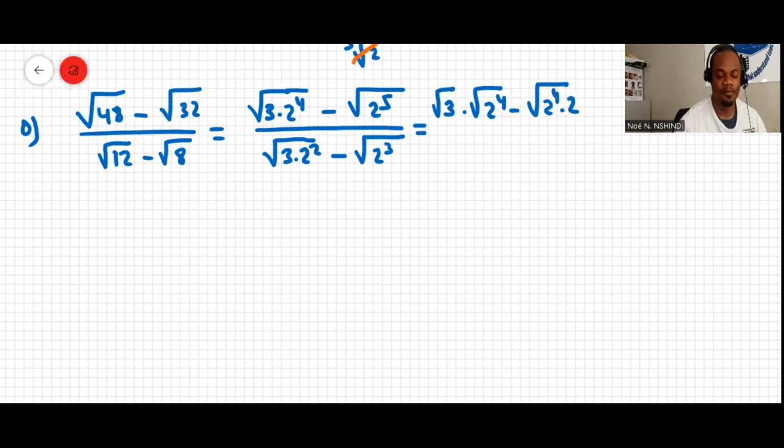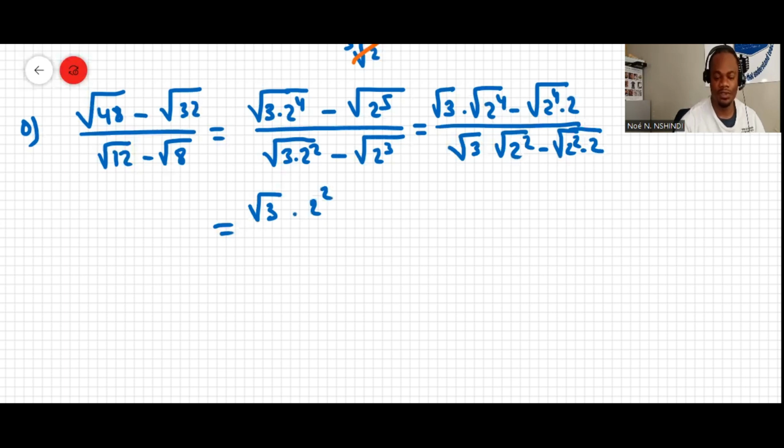And then all over root 3 multiplied by root 2 to the 2, minus root 2 squared multiplied by 2, okay? So this will be root 3, root of 2 to the power 4 will be written as 2 to the power of 4 over 2, because we simplify the exponents.